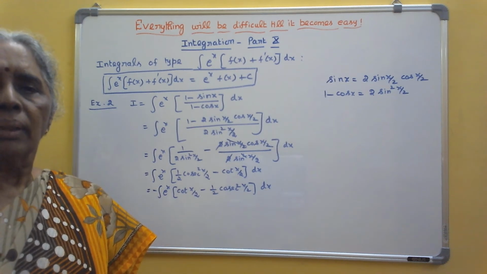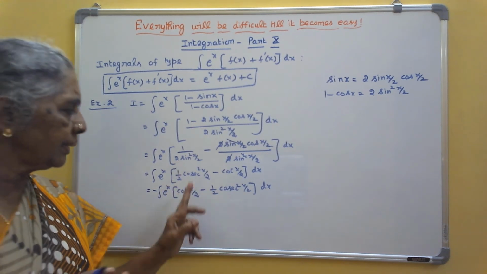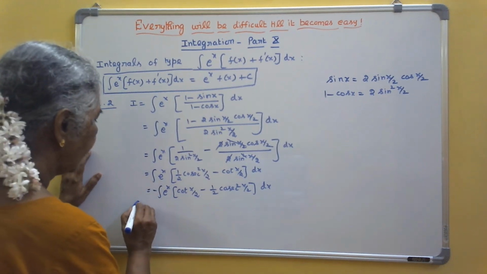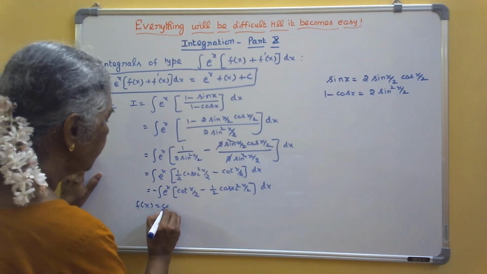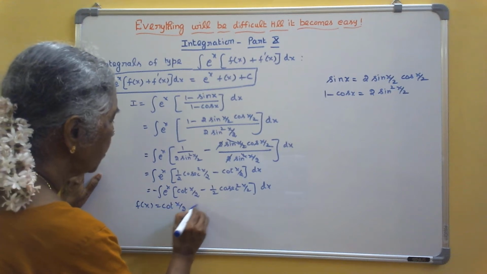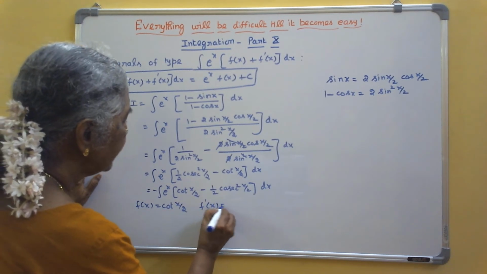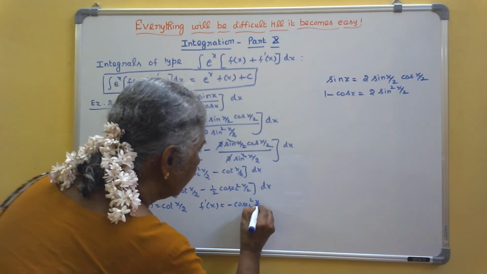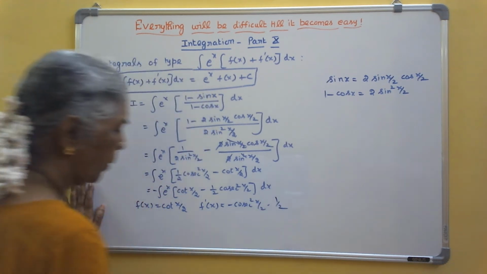Now it is easy for us. This is f of x, that is f dash of x, correct? So now I will write f of x is equal to cot x by 2. F dash of x is equal to minus cosecant squared x by 2 into 1 by 2.